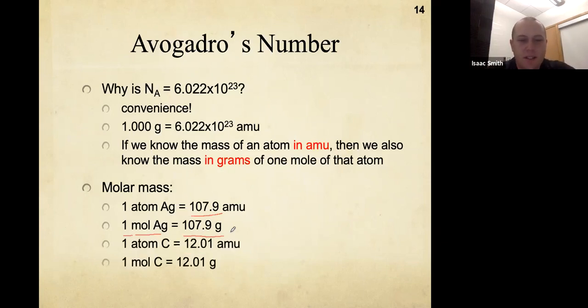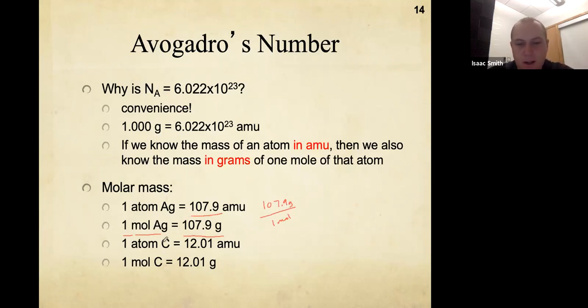So we call this the molar mass. We say that the molar mass of silver is 107.9 grams per 1 mole. Again, this is an equality, and so we can write it as a fraction when we're doing calculations, just like we've seen before.